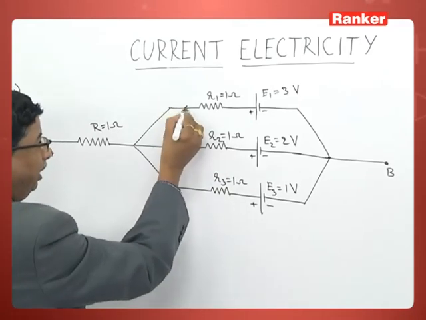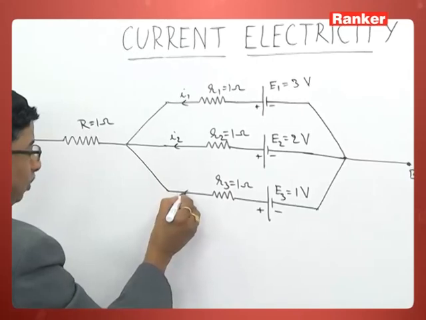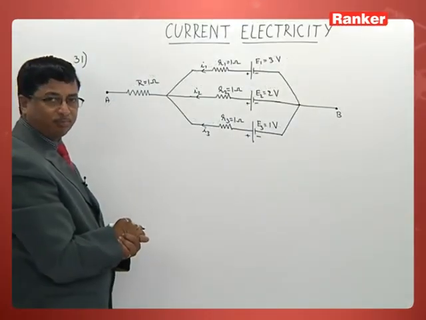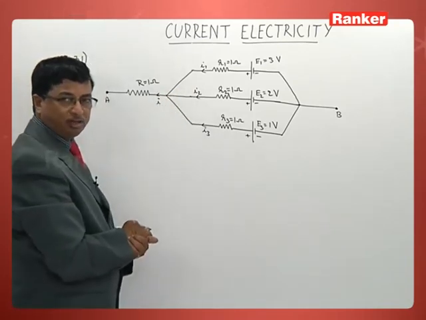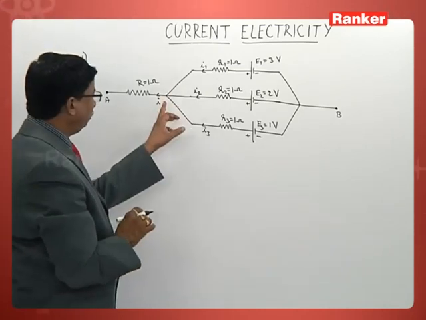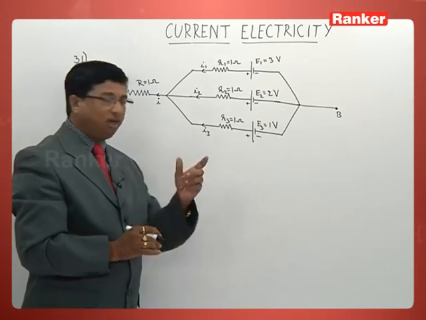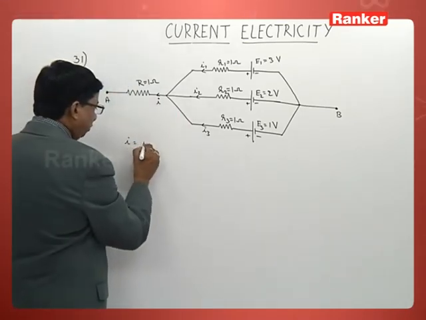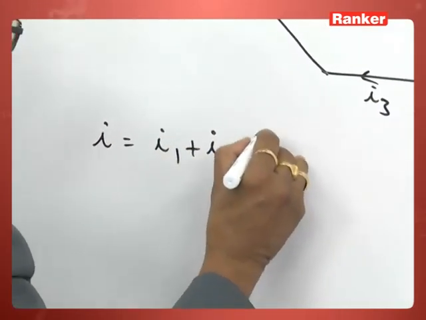So you will be finding a current I1 across this one, I2 across this one, I3 across the third. All the 3 currents will mix up over here to give out the total current as I. So according to the first law of Kirchhoff, you can apply at this junction, I must be equal to I1 plus I2 plus I3.